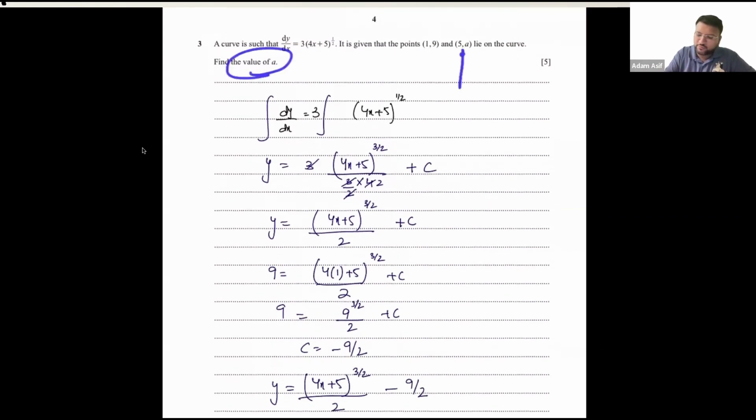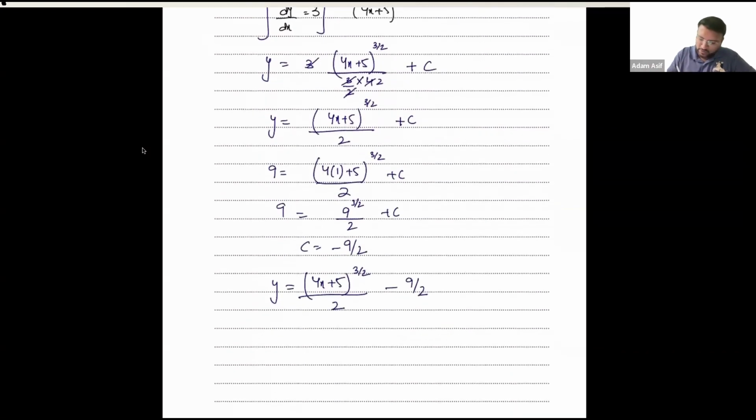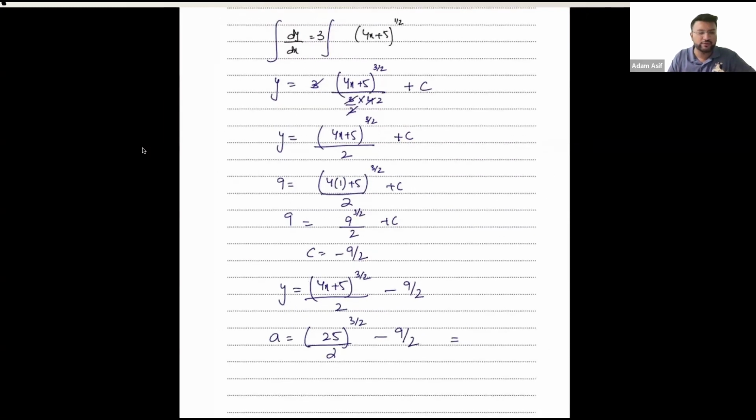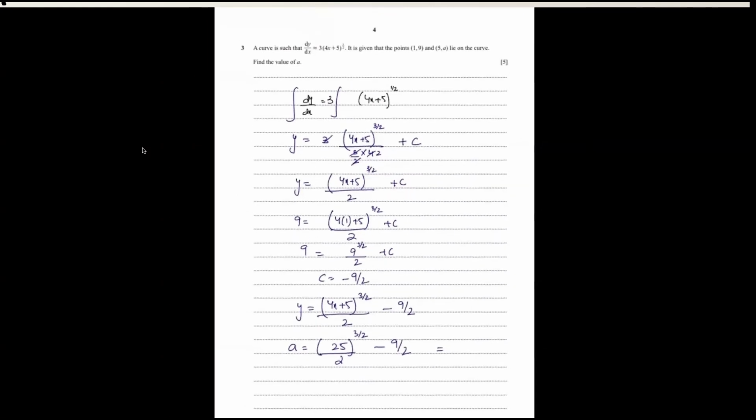To find the value of a, I'm going to use this point. When x is 5, y is a. So 25 to the power of 3 upon 2 divided by 2 minus 9 upon 2. इसको solve कर लें. Give me the value of a. There I got 58. Okay.